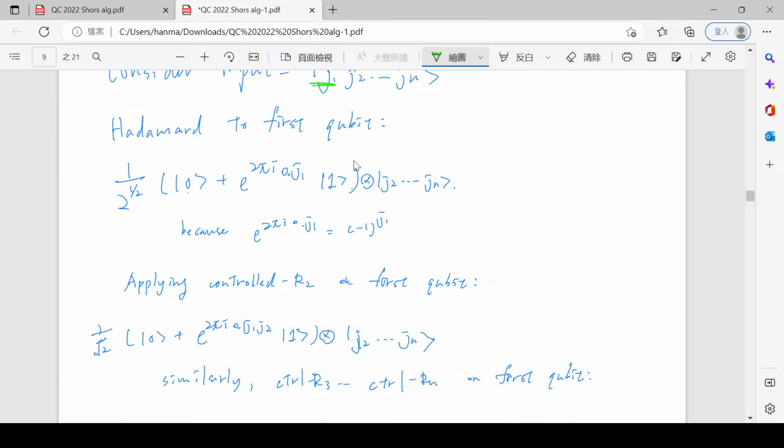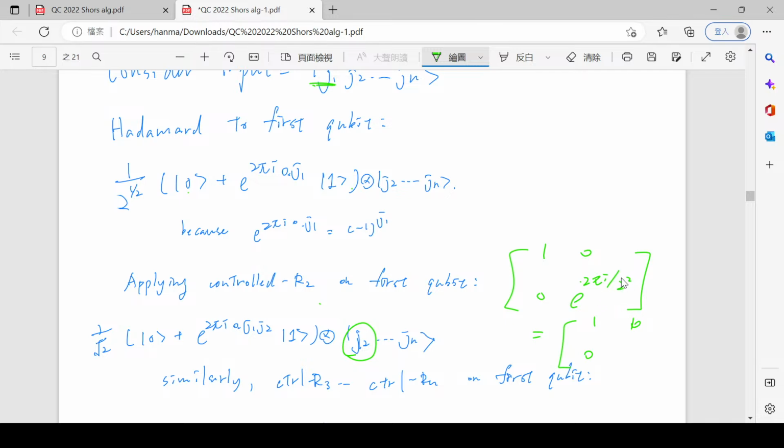And then we apply controlled R2 to the first qubit. So the R2 will look up this j2. And remember R2 equals the matrix with 1, 0 on the first row and 0, e to the 2 pi i divided by 2 to the 2 on the second row.